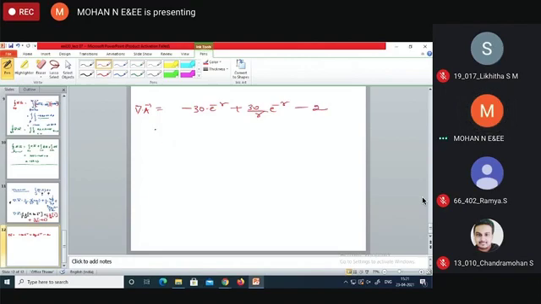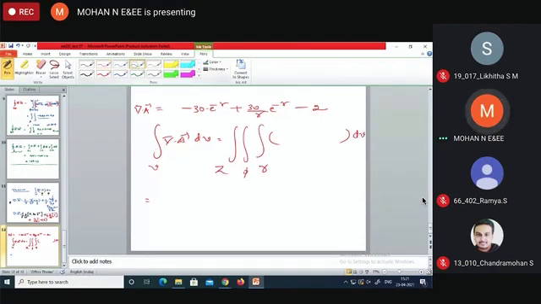So now put this in the volume integral. Okay. So in the volume integral, three integrals are there, one for Z, one for phi, one for R, and you know this value. And the dV, let us know what is that.